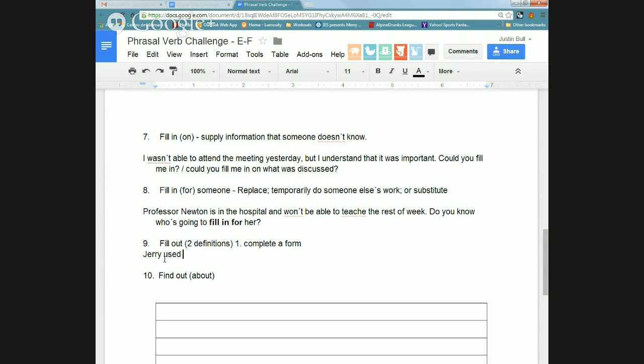Jerry used to be really skinny, but in the last year, he's begun to fill out. Yes. Definition number 2, gain weight. Nice. Excellent, Siddhat. Very good.